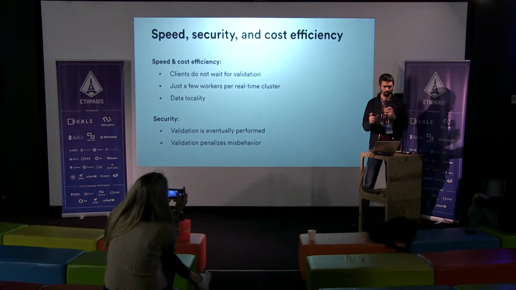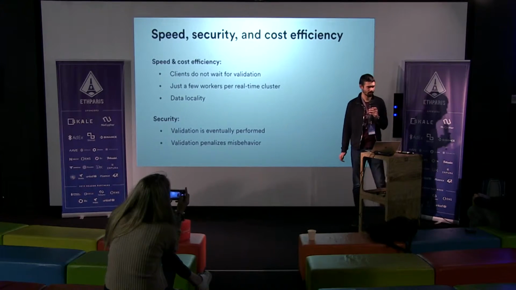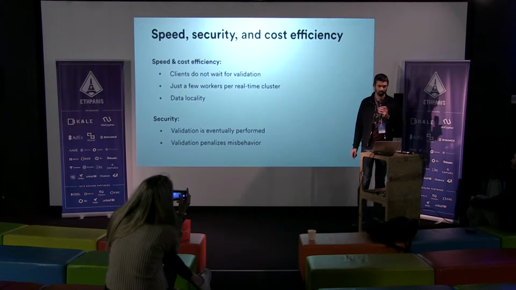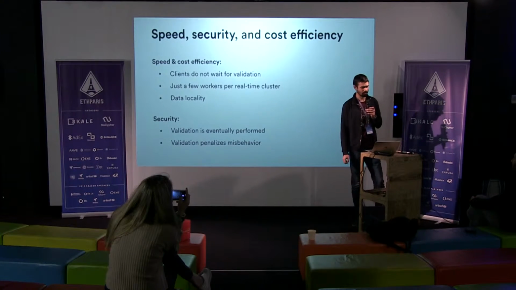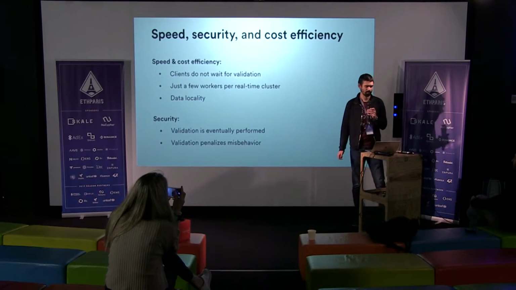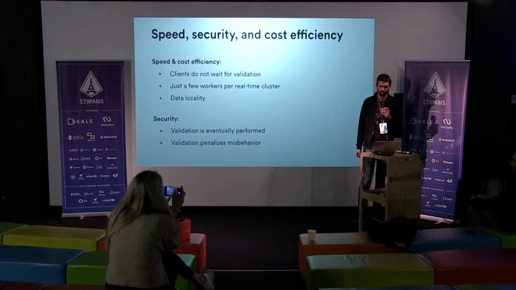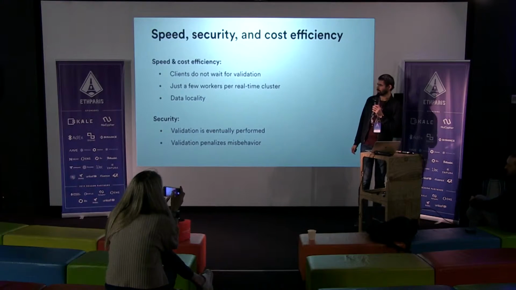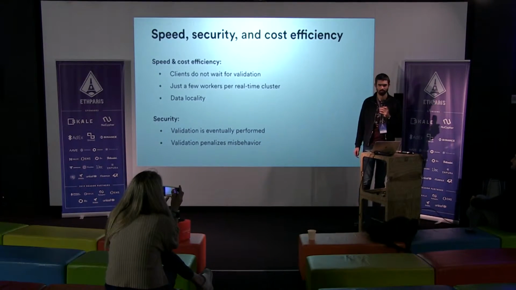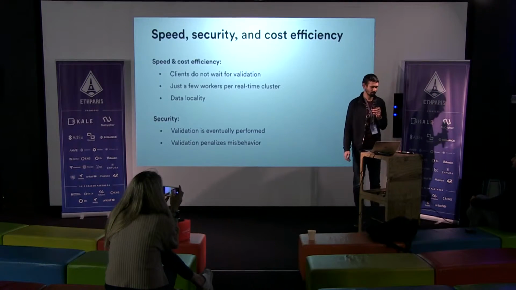We have small clusters, so the consensus is reached with just a little delay, and we also don't need to pay for many workers, which helps with cost efficiency. And we store data locally, so there's no need to traverse back and forth through the network to fetch the data required.